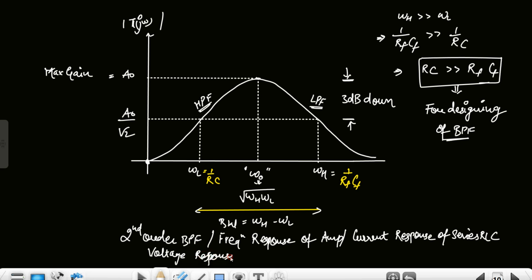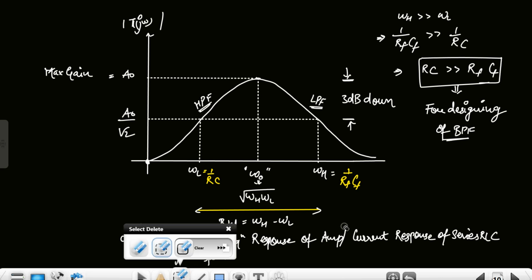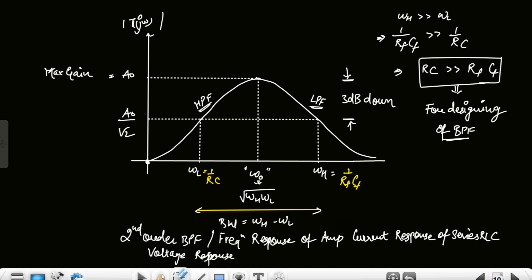So there is a lot of discussion on this band pass filter, because this is one of the most favorite graphs and topics of the electronics branch. This is also the voltage response of parallel RLC, and what we study in control systems, the lead lag compensator. So this is also the response of a lead lag compensator.